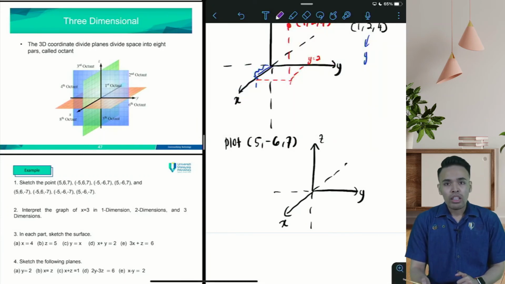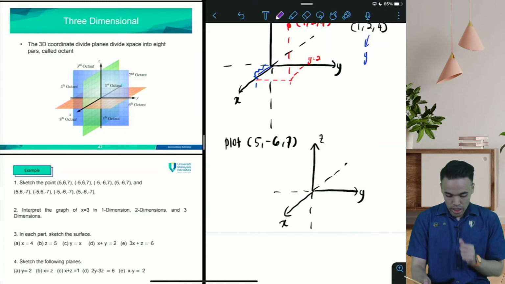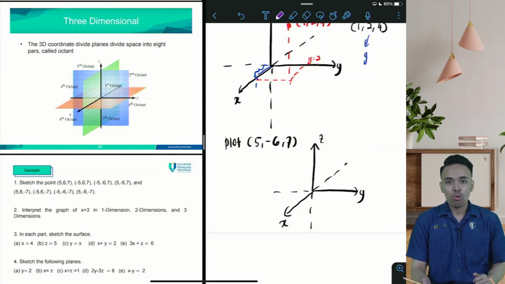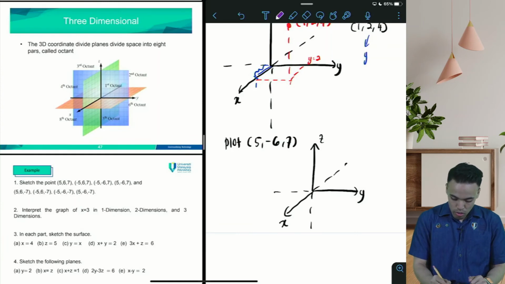Now, you should know that in order to plot the point, you always need to start at the origin. In this particular question, it will move 5 units along the positive x-axis, so maybe somewhere over here the value of x is equal to 5.